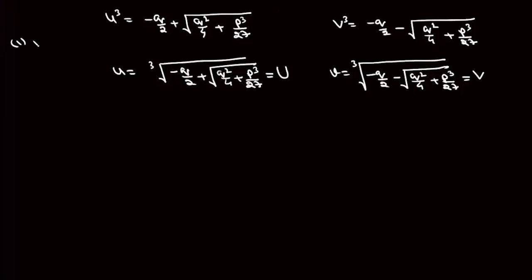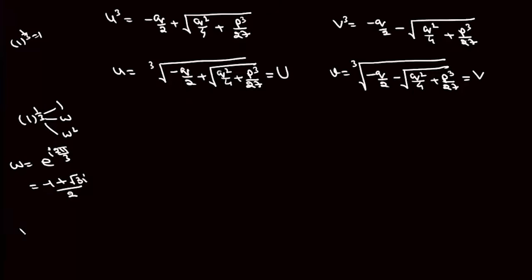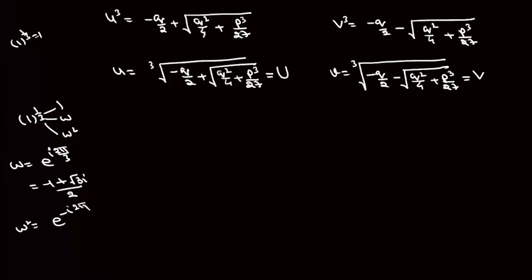So here our assumption is cube root of 1 is 1, but we know that cube root of 1 is 1, omega and omega square, where omega is e to the power iota 2 pi by 3, which is minus 1 plus root 3 iota upon 2, and omega square is e to the power minus iota 2 pi by 3, or minus 1 minus root 3 iota upon 2.